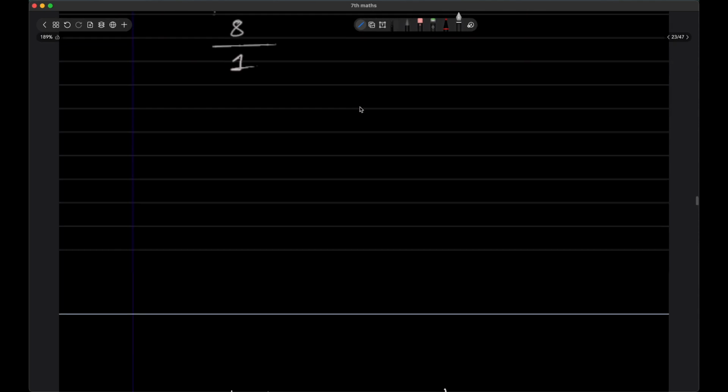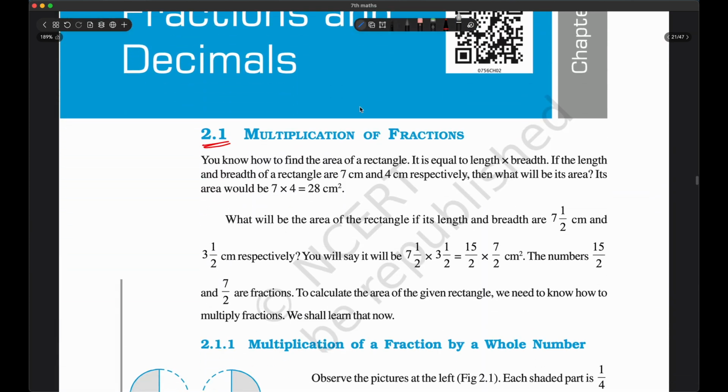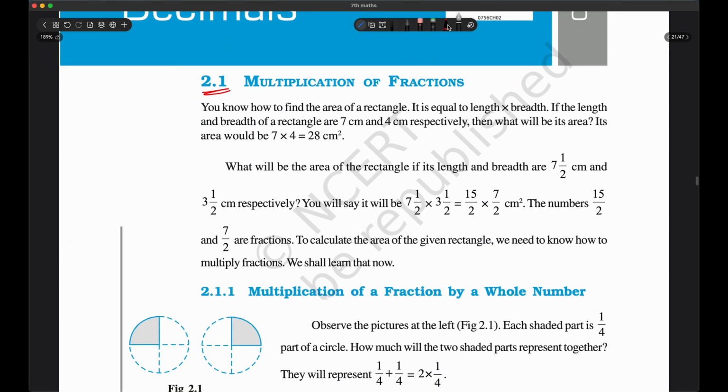Now let us see the theory. Topic number 2.1. If we are given with length and breadth of rectangle as 7 and 4 centimeter, then we will get the area, that is equals to length into breadth, 7 into 4, that is equals to 28.